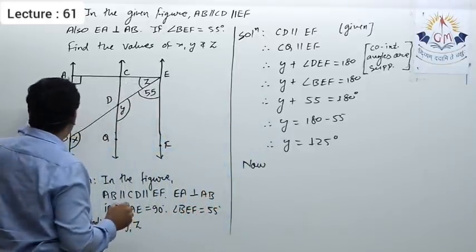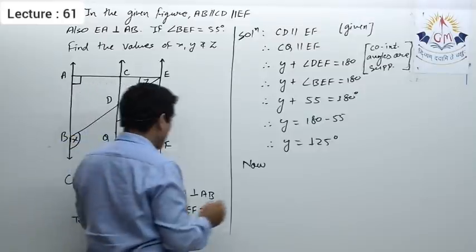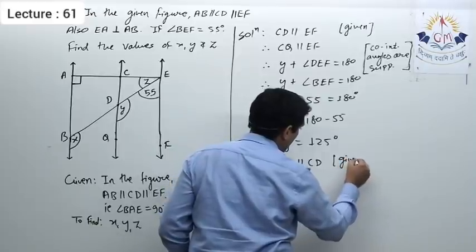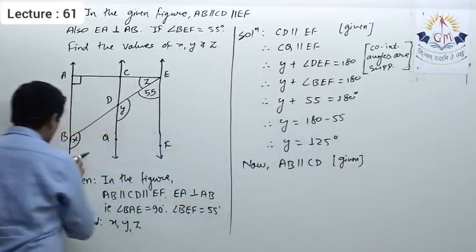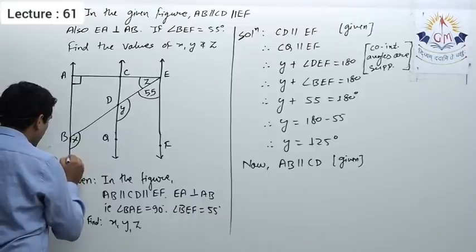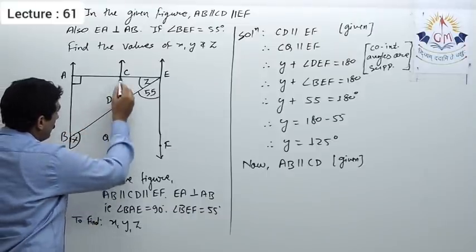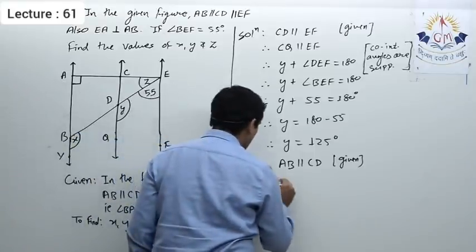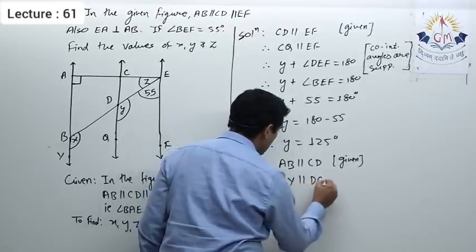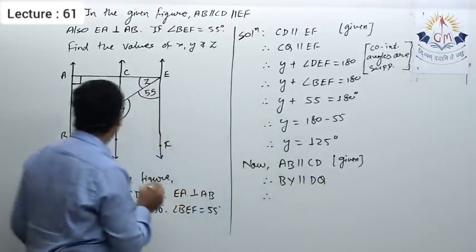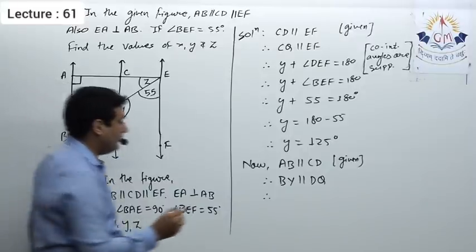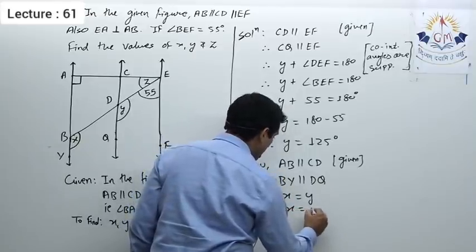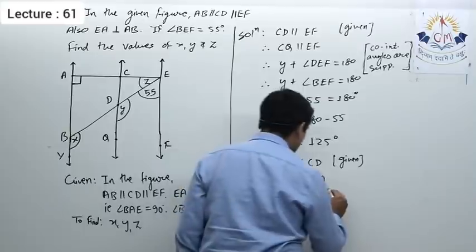Now I can say this AB is parallel to CD. AB parallel CD, again it is given. Suppose here I name this point as Y. As AB parallel CD, I can say BY parallel DQ. Now as BY parallel DQ, I can say X equal to Y. Therefore X is equal to 125.